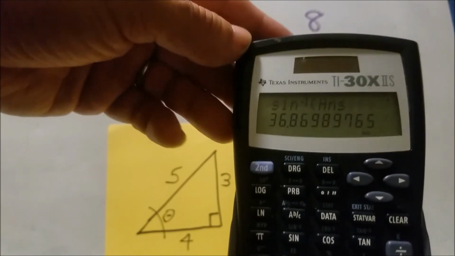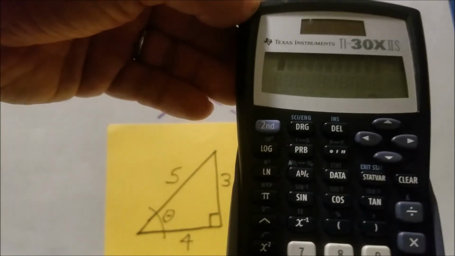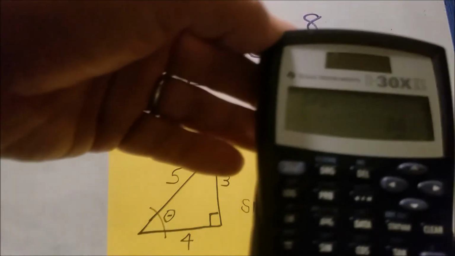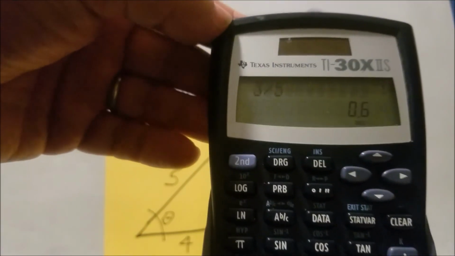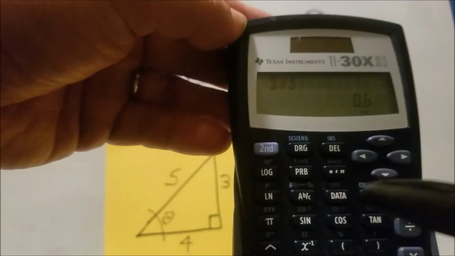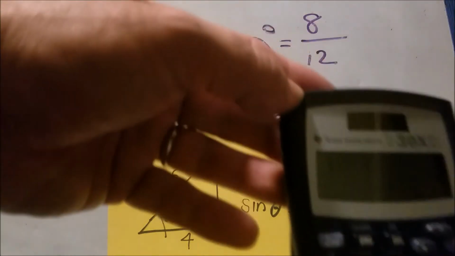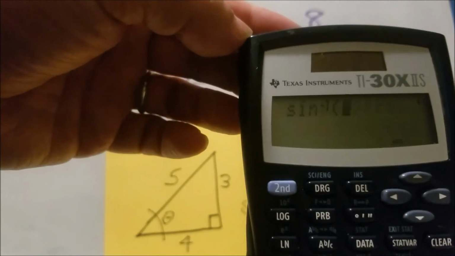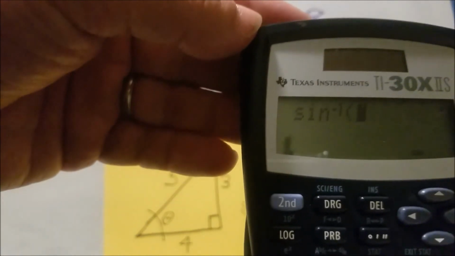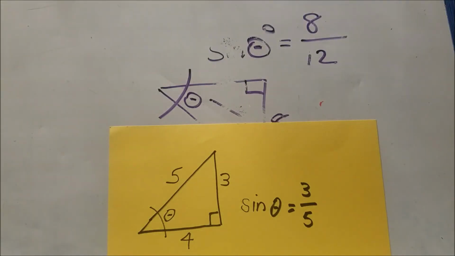So one more time, I'll clear this out. Whatever the thing was, here was 3 over 5, you're just doing 3 divided by 5, and you get 0.6. Now you could do second sine and then put in the 0.6, or you can do second sine, and the computer already stored the 0.6, so you can do second answer.